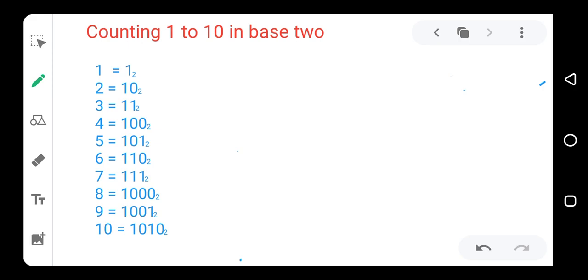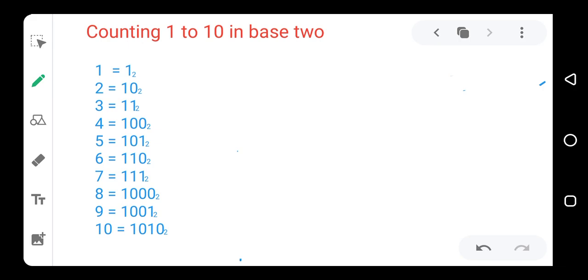Now you would have noticed that the way I call these numbers in base 2, I call the digits separately. In base 10, we can have 20, 30, 40, but in base 2, we have to call all the numbers separately. 1 0, you cannot say that it is 10.